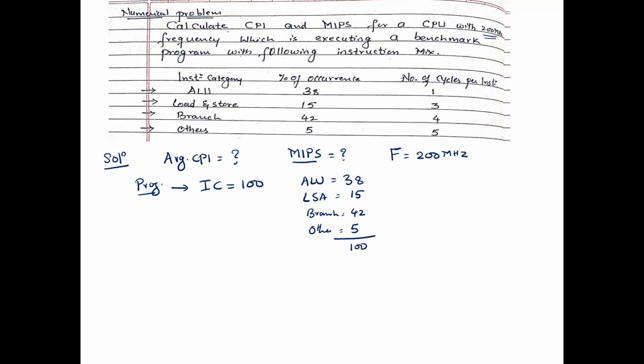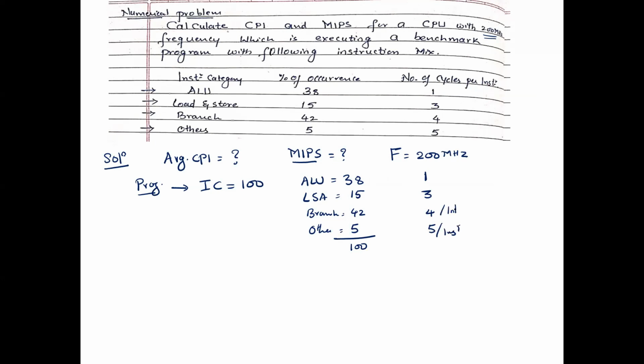Next, the number of cycles per instruction. How many cycles is each instruction going to take? They are telling us per instruction. Now, ALU will take 1. Load store architecture will take 3. Branch instruction takes 4, and others will take the given number.